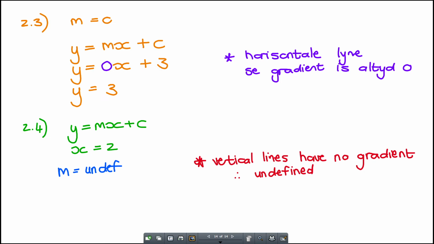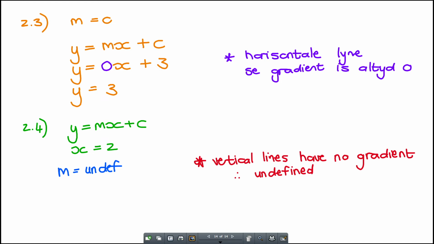So far, I gave you the equation and you guys draw the line, okay? And also I give you a line and then you worked out the gradient. So now we're just going to step it up one, nog so een klein stukkie, nee? Ek gaan nie net vir jou vra om die gradient uit te werk nie. I want the equation of that straight line.